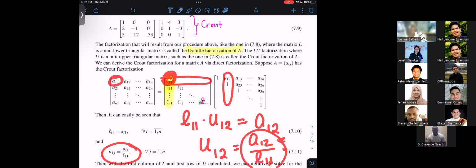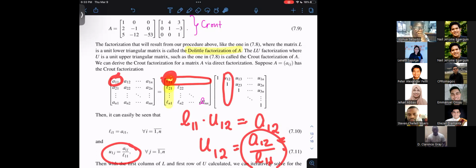Because we mentioned the first column of the matrix L is an exact copy of the first column of the matrix A, right? So why am I sure that L11 is not equal to 0? That's the same thing as asking, why am I sure that A11 is not equal to 0? You guys already forgot?